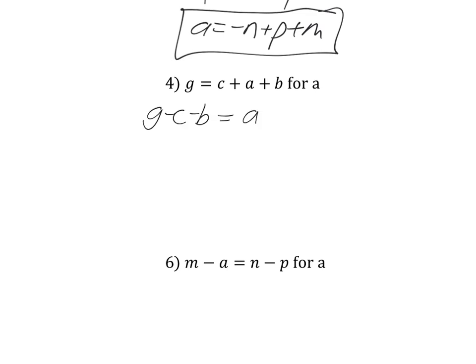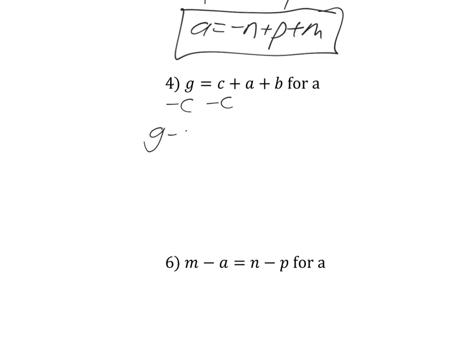Okay, so we should have gotten g minus c minus b equals a. You could have mixed it up though and said g minus b minus c. It doesn't matter. It gives you the same answer either way. So let's double check real quick. I want to get a by itself, so I'm going to subtract c from both sides.